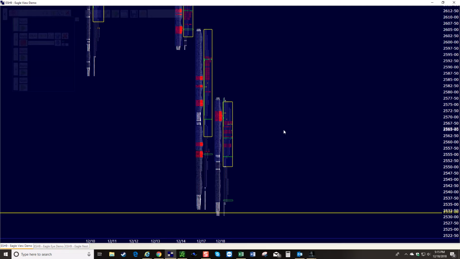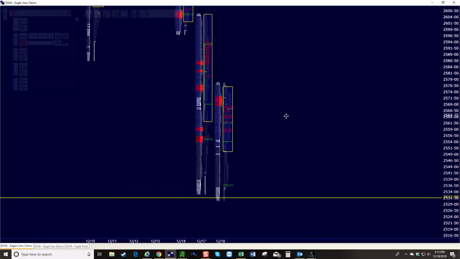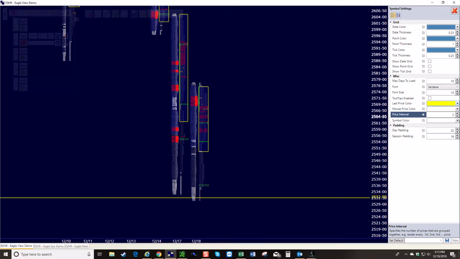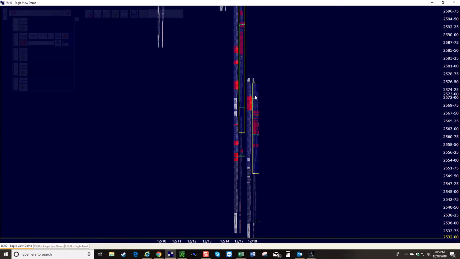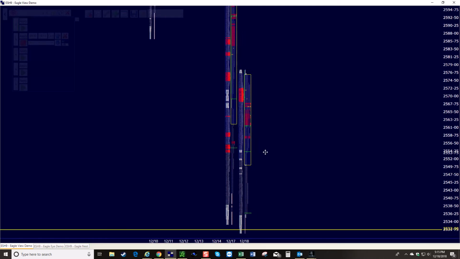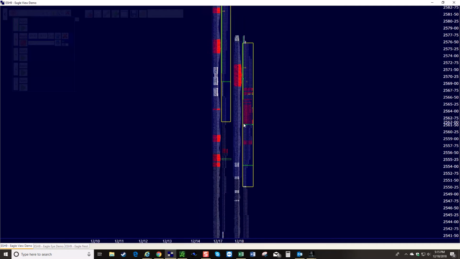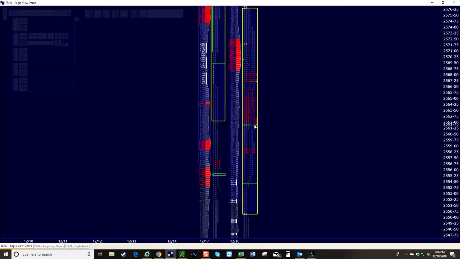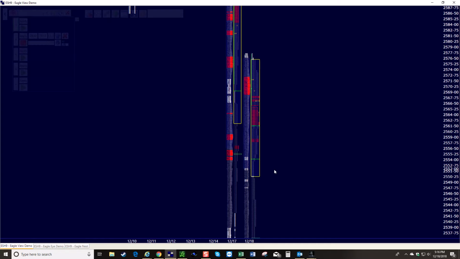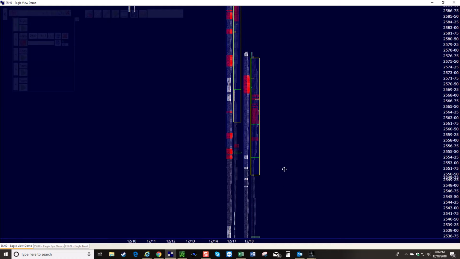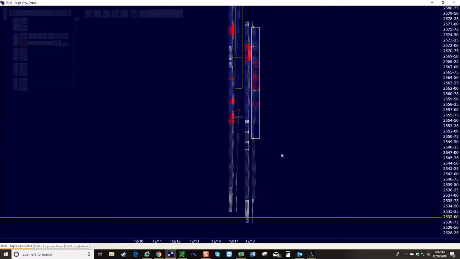Also, something I want to make you aware of: value for today is overlapping to lower. However, the point of control did not migrate lower. The volume for today is 4.1 billion shares per the New York Stock Exchange, which is pretty light.